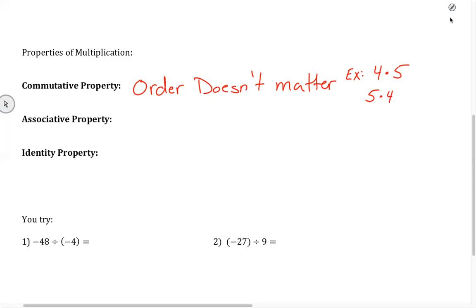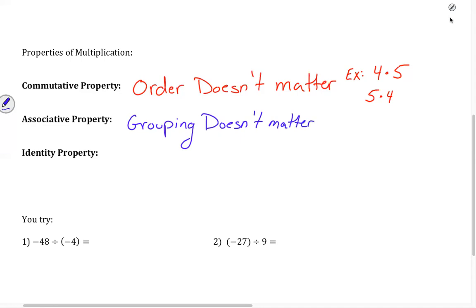Associative property. When I say, like, these are your associates, they're your what? What do associates mean? Like your colleagues. Colleagues or coworkers. So that means grouping doesn't matter.